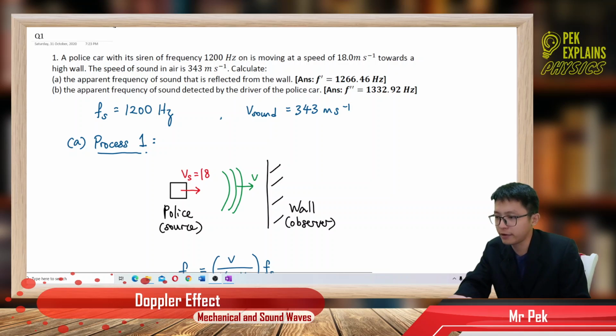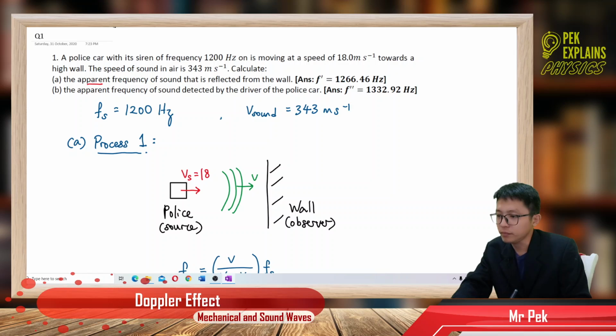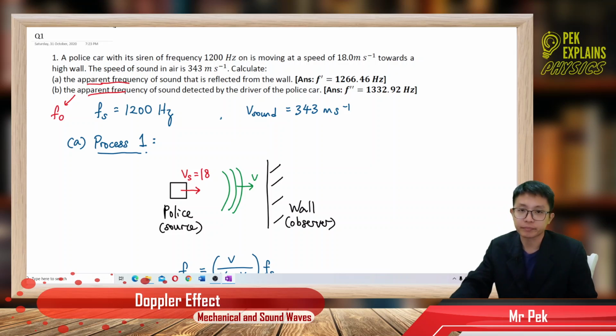What is actually apparent frequency? Apparent frequency is the observed frequency. So the question is asking about the observed frequency.